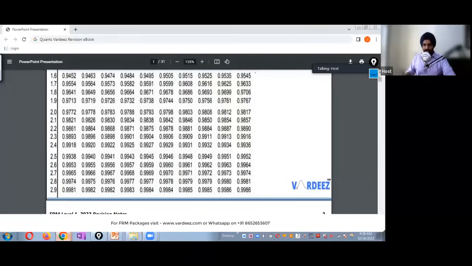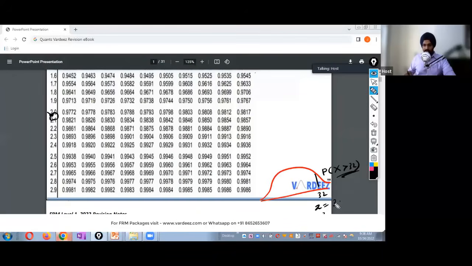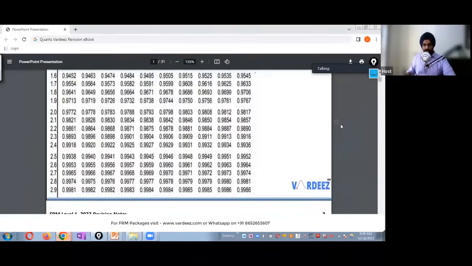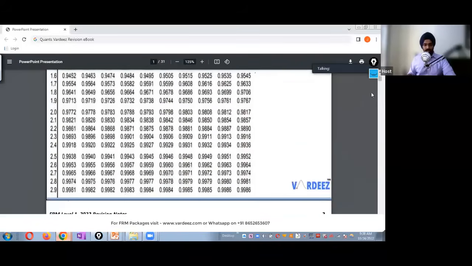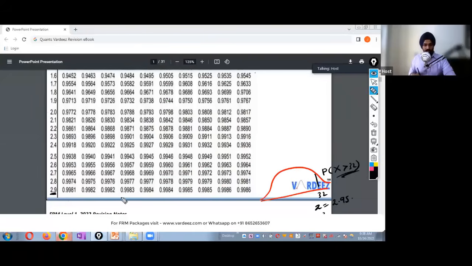For this example, let's say that we calculated the Z value to be 2.95. So I can search for 2.95, so 2.9 and then 5. Okay, this one, 0.9984.